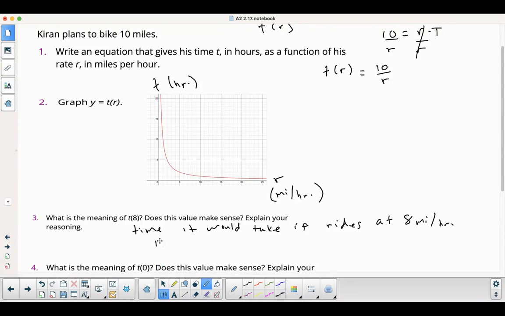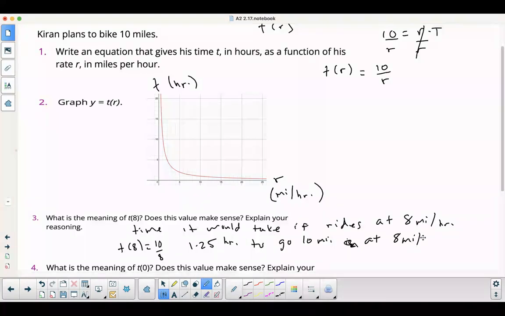I'm going to say 10 over 8. So t of 8 equals 1.25 hours to go 10 miles at 8 miles per hour.